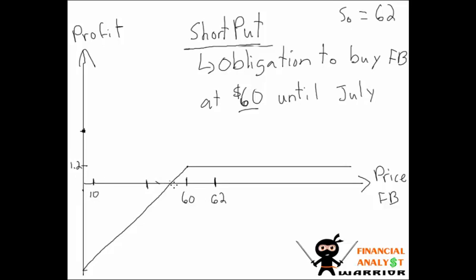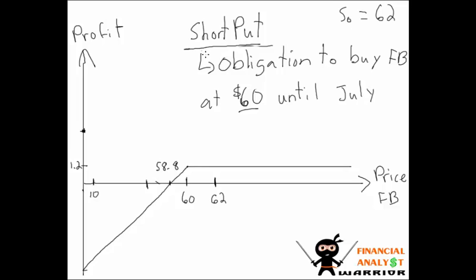So it has to go $1.20 down from $60. Therefore, the break-even price will be $58.80. And you'll notice it's the same thing for the long.